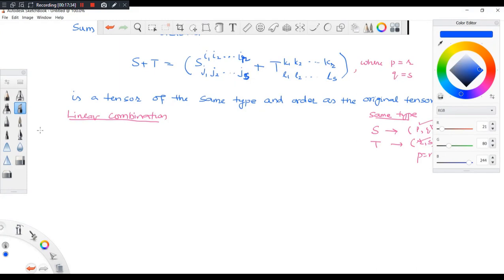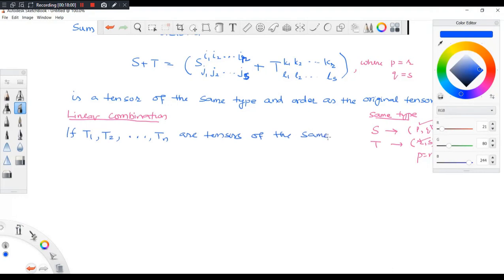Okay. Now, their linear combination. So the linear combination of vectors, you know. Same thing here. T1, T2, etc., Tn are tensors of the same type. Now you understood what is the same type.